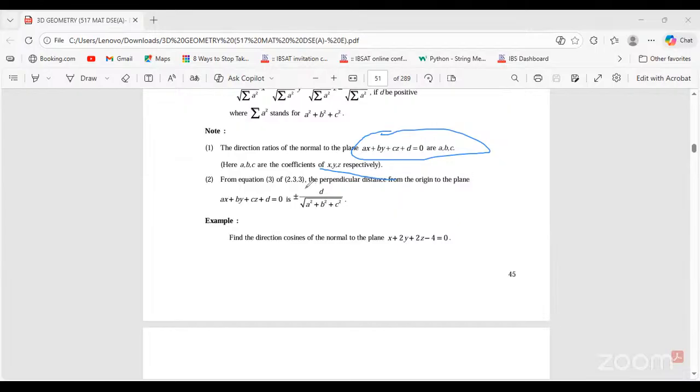What is the perpendicular distance from the origin to the plane Ax plus By plus Cz equals D? It is D by under root of A square plus B square plus C square.